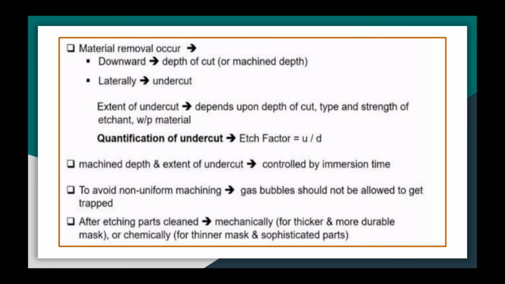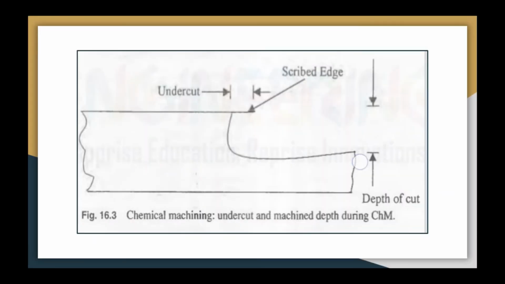You can't avoid material removal in both directions. So the downward direction leads to what is known as depth of cut, and the lateral direction is known as undercut. You can see here.